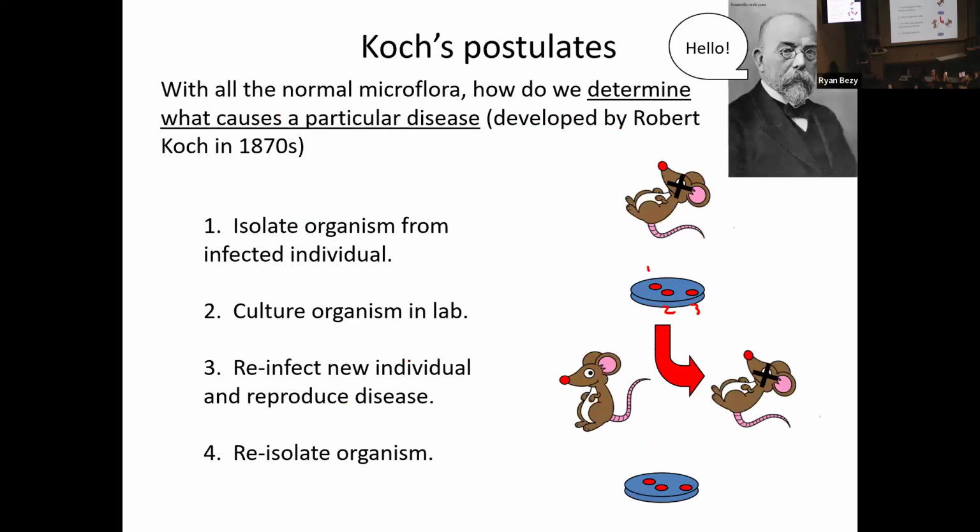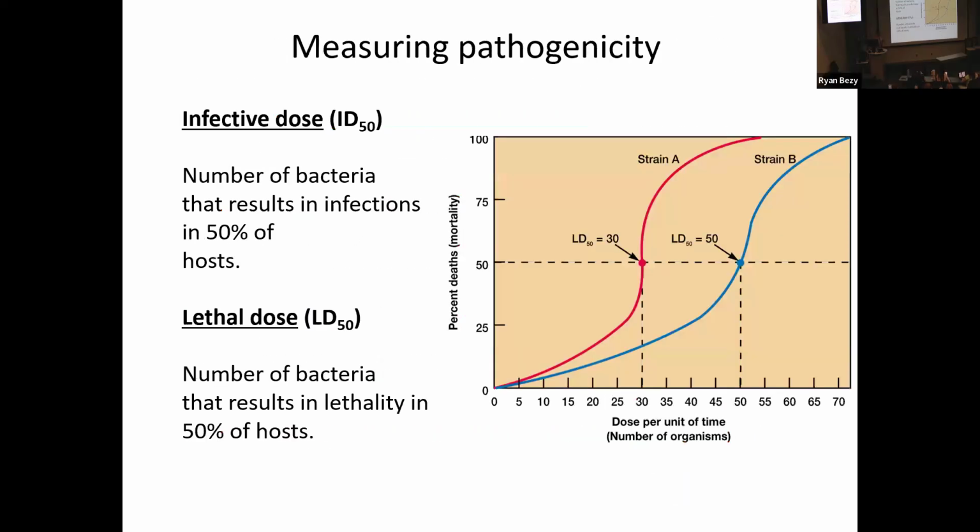All right, so we can use Koch's postulates to identify what causes a particular disease. We can also do things like measure how pathogenic a disease agent is. And we can measure pathogenicity through things like infective dose, sometimes referred to as ID50, or lethal dose, referred to as LD50.